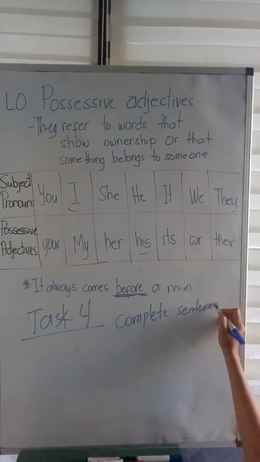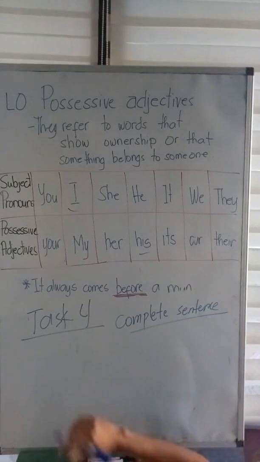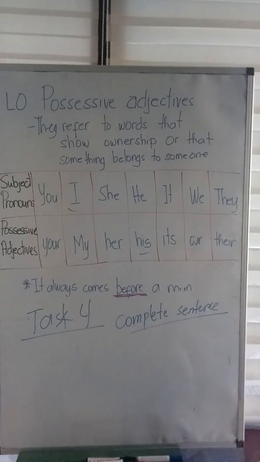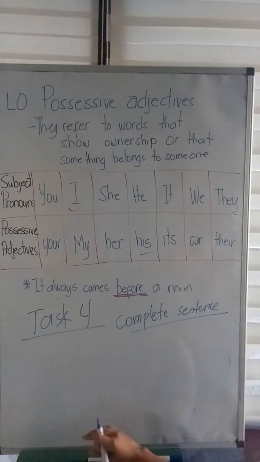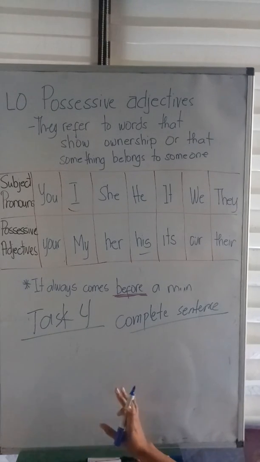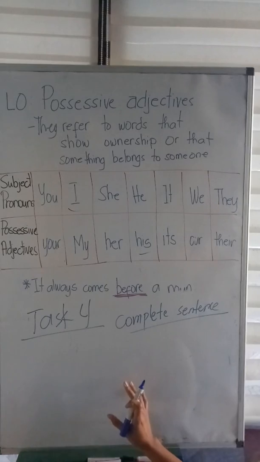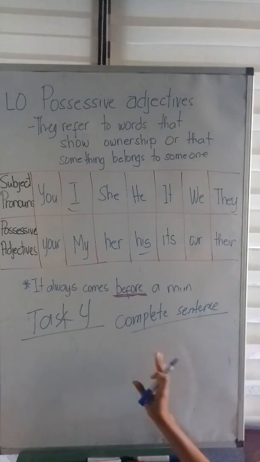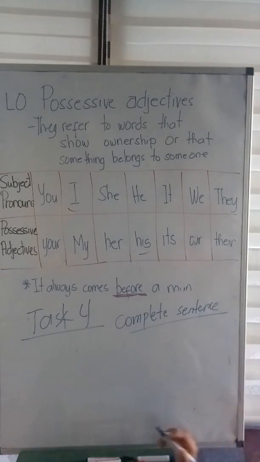So for task 3 and task 4, you have to write down the complete sentence in your notepad. For task 4, it's almost the same as task 3. You have to check the subject, or who owns something. I will put it in a parenthesis.